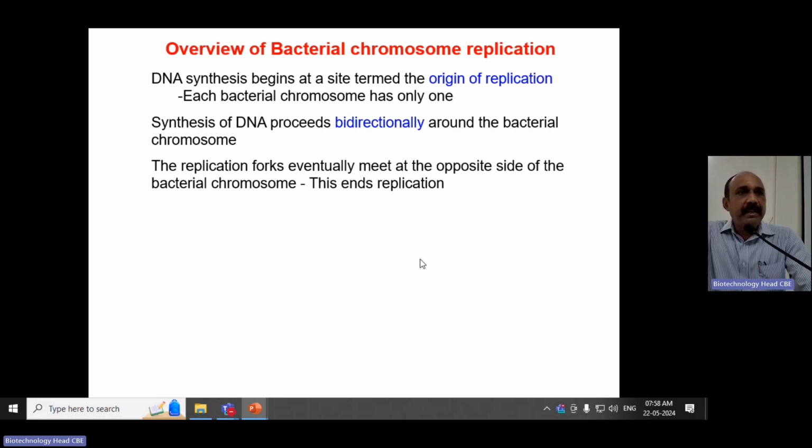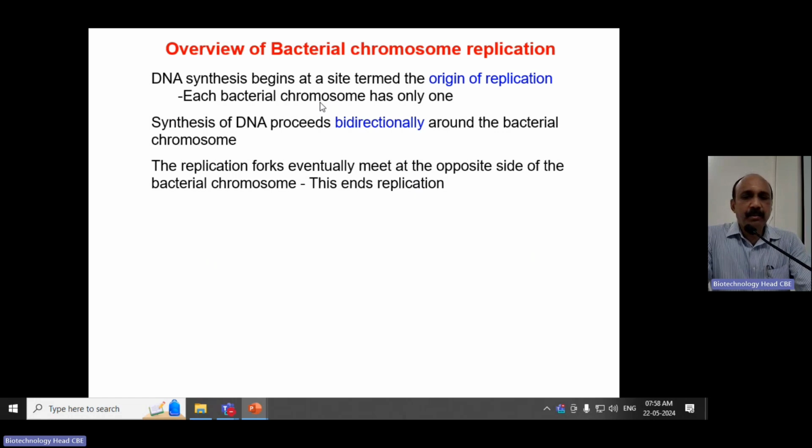Starting with bacterial chromosome replication. DNA synthesis begins at the origin of replication. We have already seen this. There is an ORI, the origin of replication.